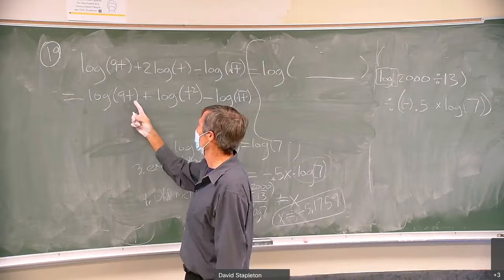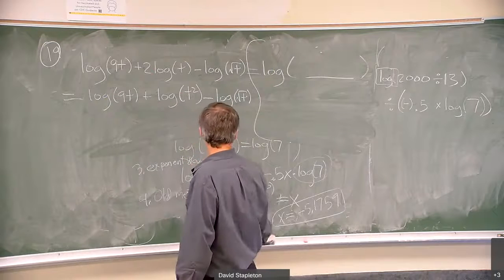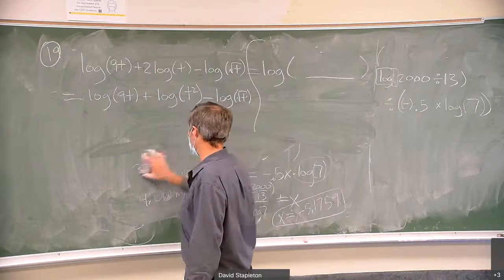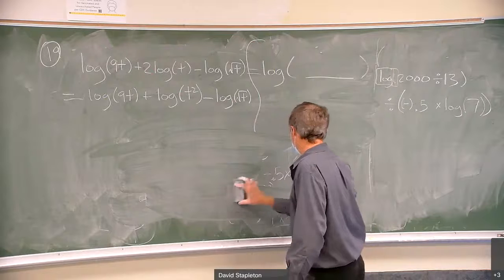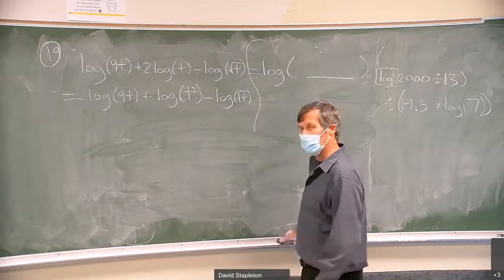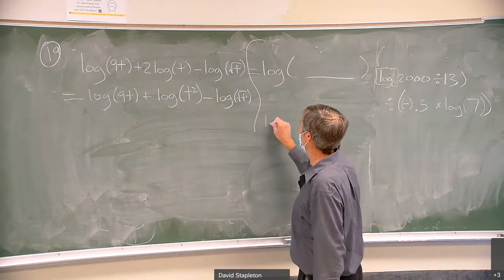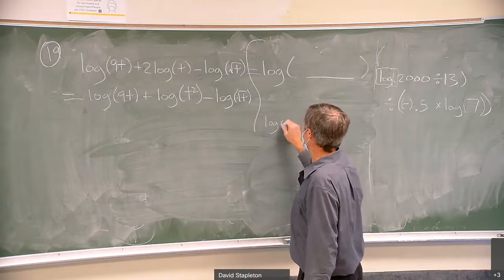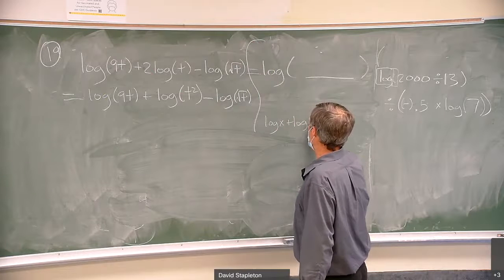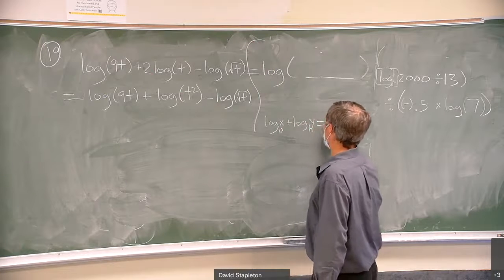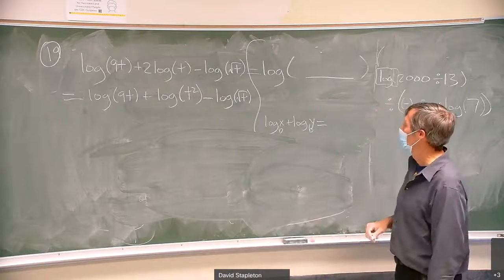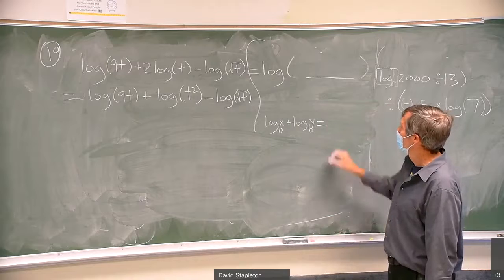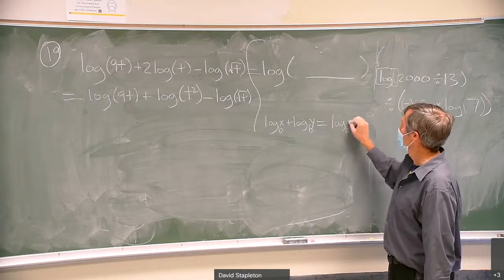Log of one number plus log of another number is what? This is what makes logs hard. There's a bunch of properties, right? You want to have all these memorized for the test, right? Log of x plus log of y, any base, is what? Log of x times y.